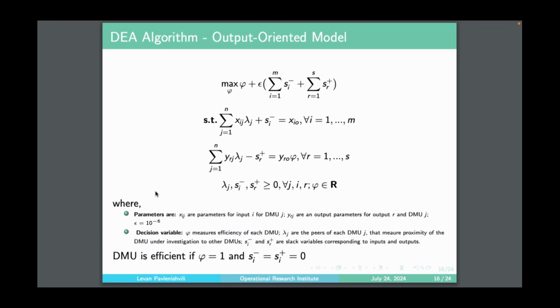And that optimization gives you a distance, or an optimal way to improve your inputs in order to get to the level of inputs that the most efficient unit has. So you don't care about all the stuff that you do in statistics. That's not relevant here.